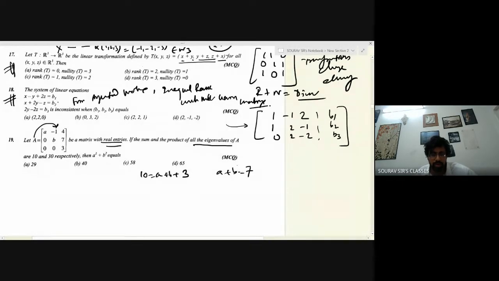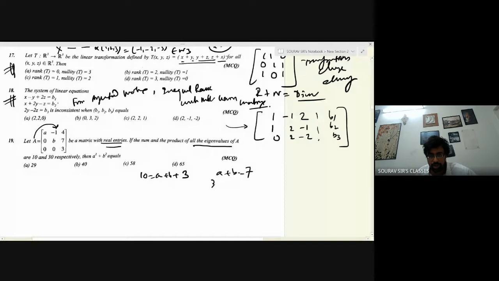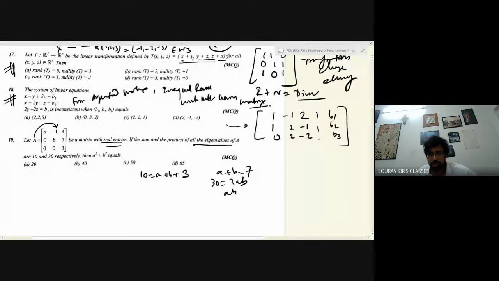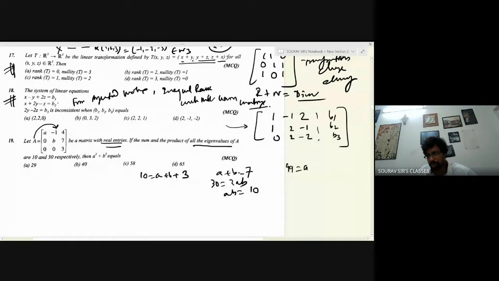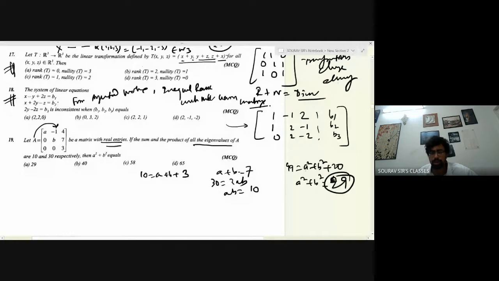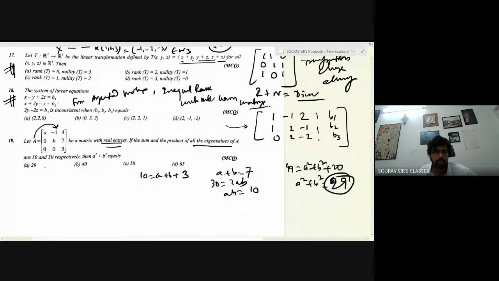As the product of the eigenvalue is nothing but the determinant, so 30 equal to 3AB, so AB equal to 10. So A plus B whole square formula, so 49 equal to A square plus B square plus 20. So A square plus B square directly gives you 29. So that's option number A.